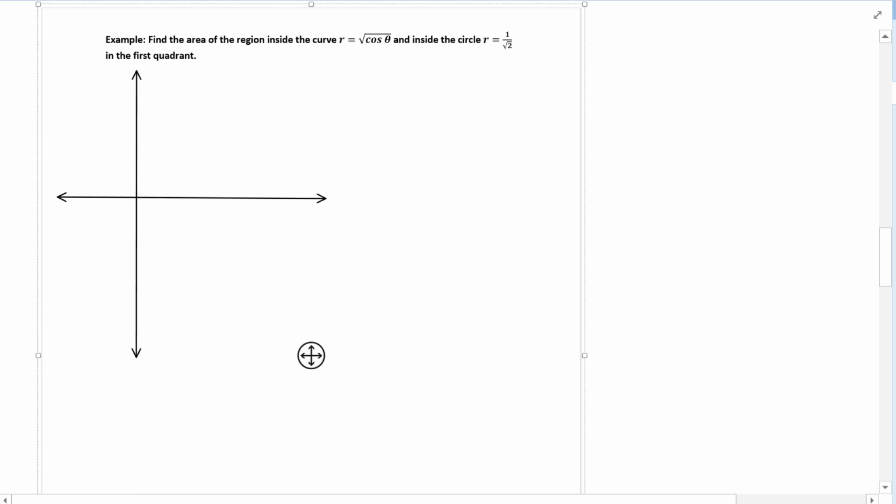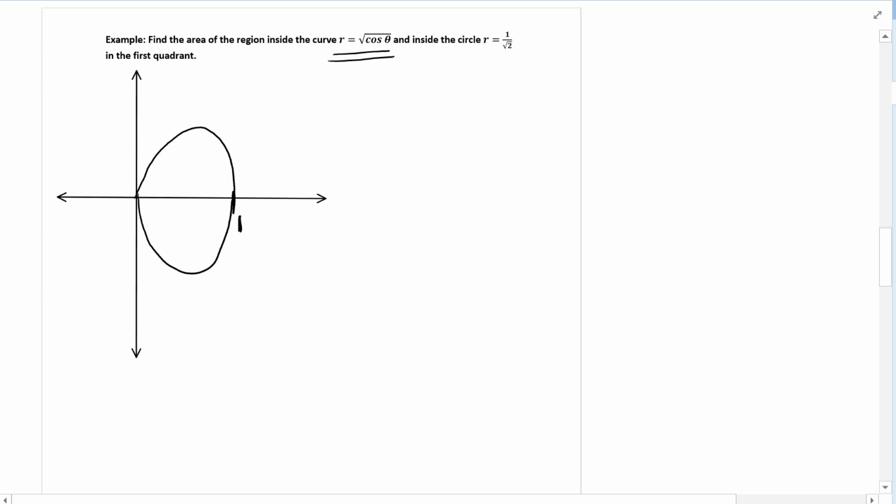If theta is 0, we get 1 for the radius, and so it looks something like this. It went all the way to 1.